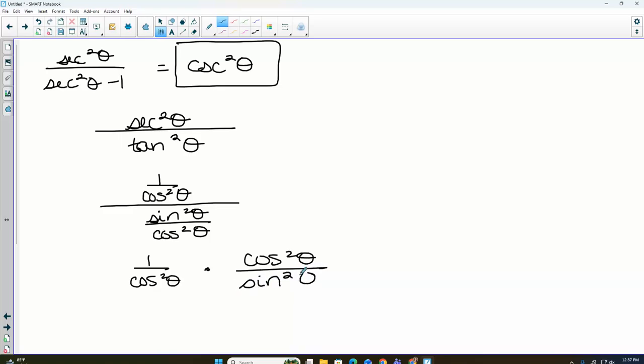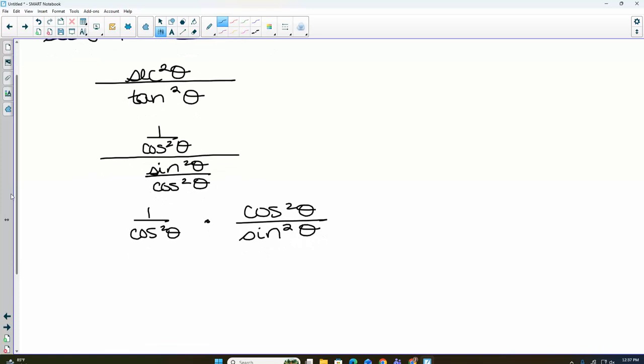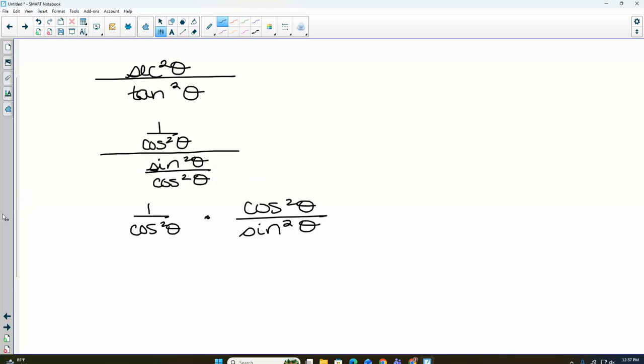Notice I'm writing my squares on everything. I'm putting my thetas on everything. We're really working on good notation here. What happens? So I'm left with 1 over sine squared theta.